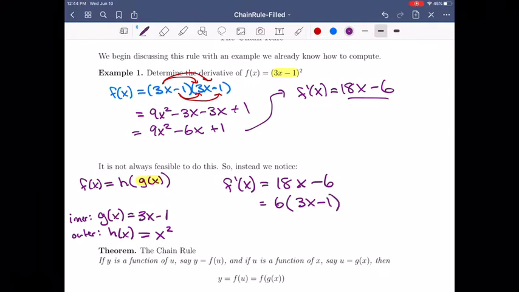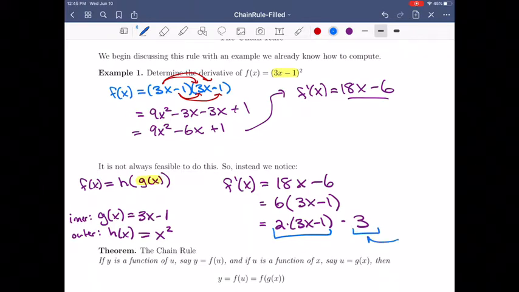But the 6 is actually 2 times (3x - 1) times 3. I just broke the 6 into 2 times 3. Then we can inspect each of these parts. The 3 is actually g prime of x, the derivative of g of x.